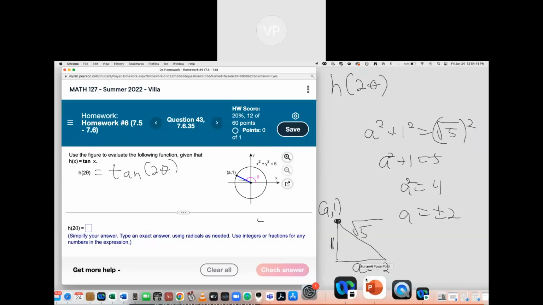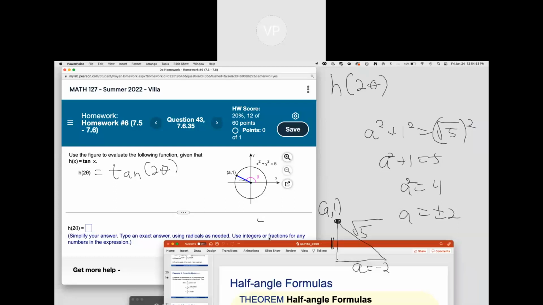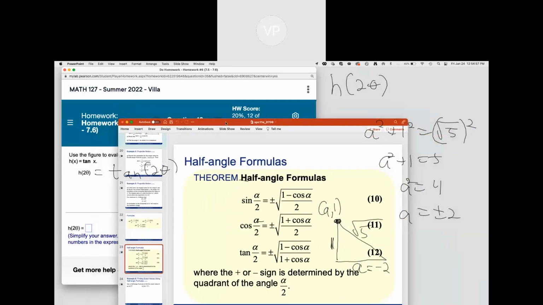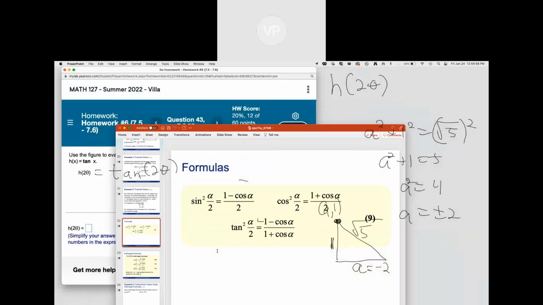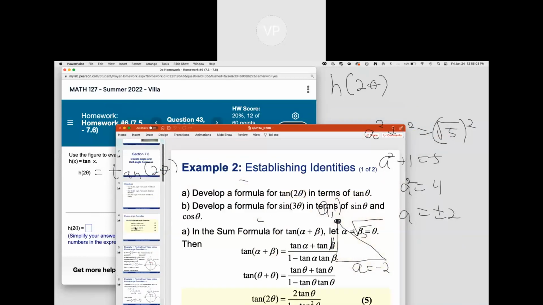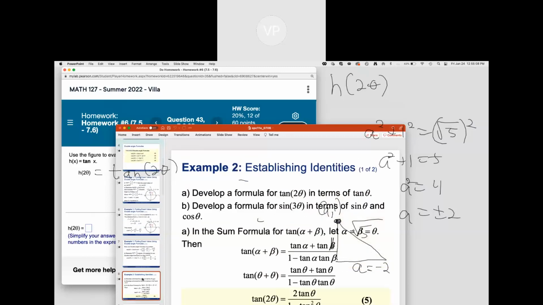Now we get to that formula. Don't worry if you don't have this formula memorized, as I've said many times. You have the reference right here. Okay, now it's not the half angle. We're back up here somewhere. We're at our double angle, right down there.